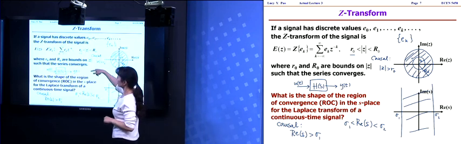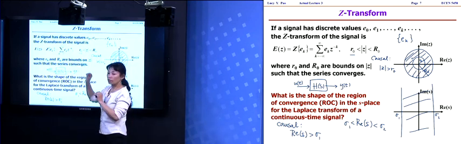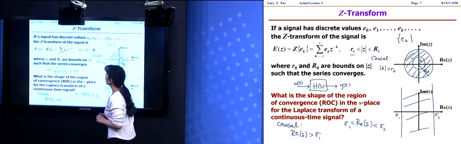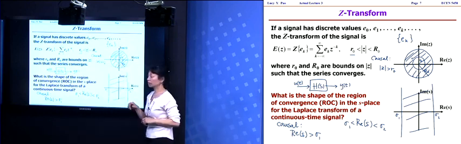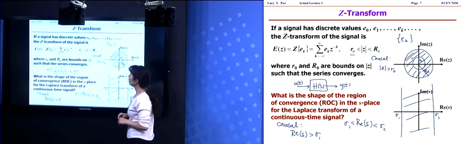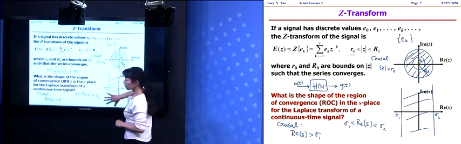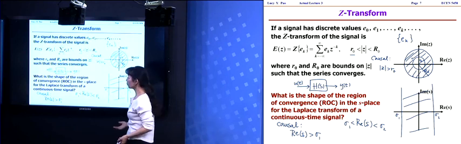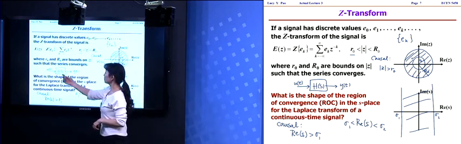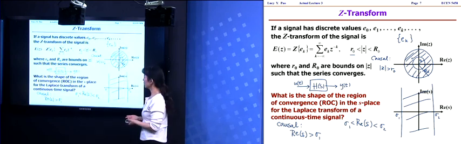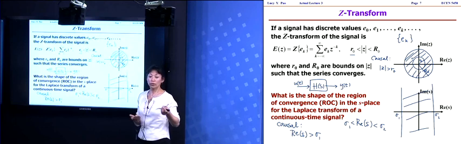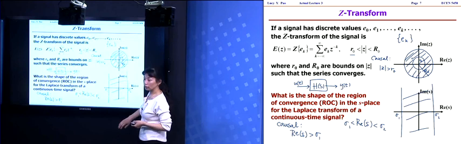Now, if you have a causal sequence, which means that e_k is 0 for k less than 0, then the shape of that region of convergence is going to be everywhere outside of a disk of radius r0. And this is analogous to what you should be very familiar with for Laplace transforms, that if you have a time domain signal, let's say e of t, and you take the Laplace transform of that signal, that Laplace transform integral will only converge in a certain region of convergence in the s-plane.